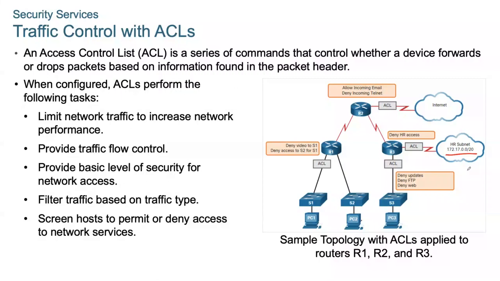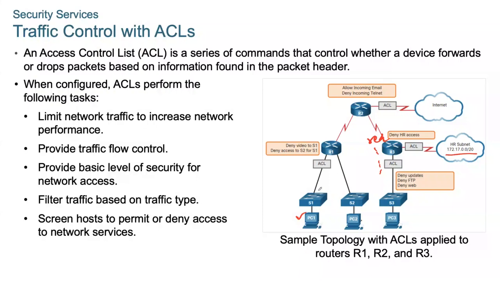By allowing only those IP addresses, they can access the devices inside this subnet. If any other user tries to access it, any request coming from PC1, for example, will simply be dropped, because the IP address of PC1 is different from the IP address of the authorized users.